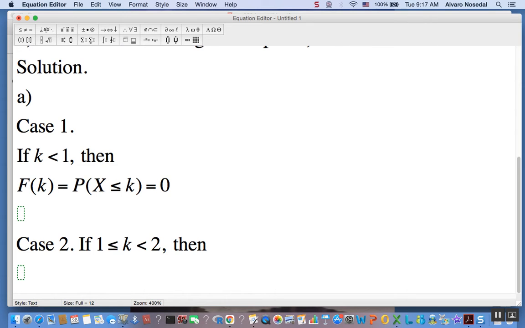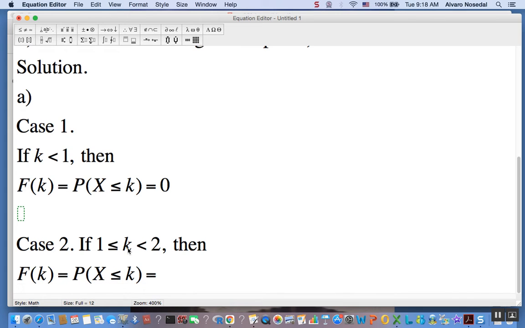Again, let's use the definition of the function capital F. F at k is by definition the probability that the random variable x is less than or equal to that particular k.